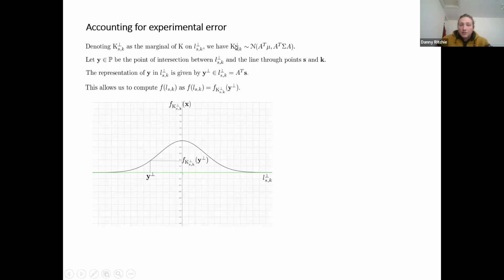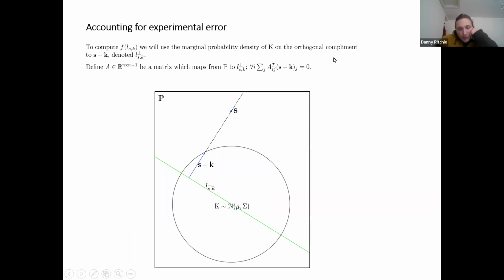Then the marginal distribution of K is simply given by the transformation of the mean and covariance matrix as shown. The next step, we want to find this point of intersection between the line S minus K and the orthogonal complement. This is simply A transpose S, as A will project S onto that intersection point.